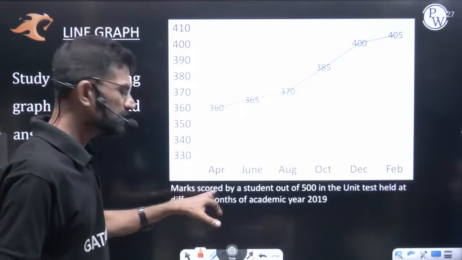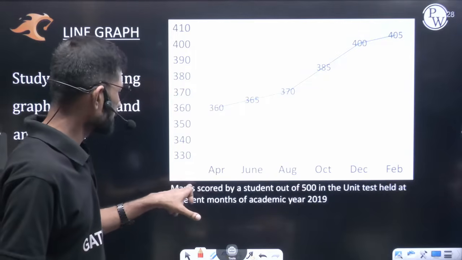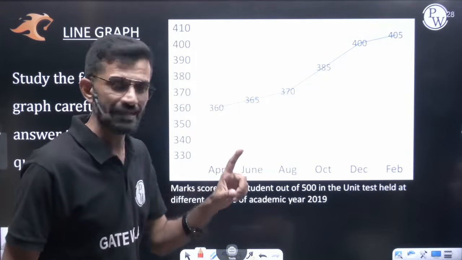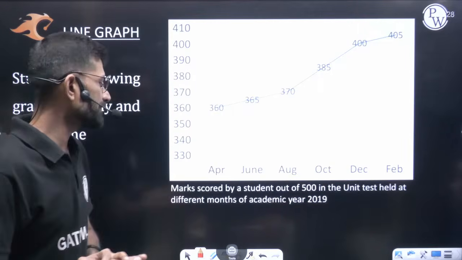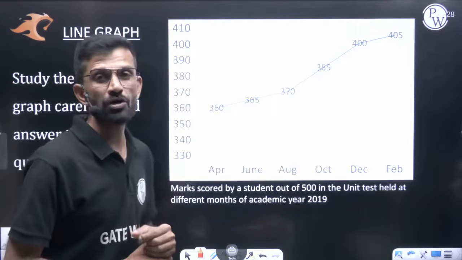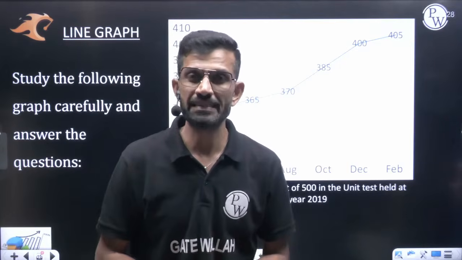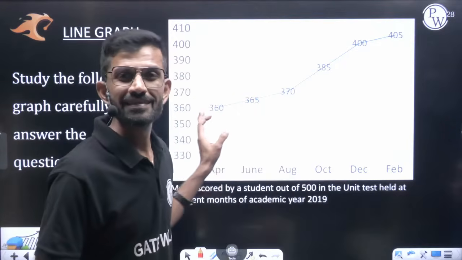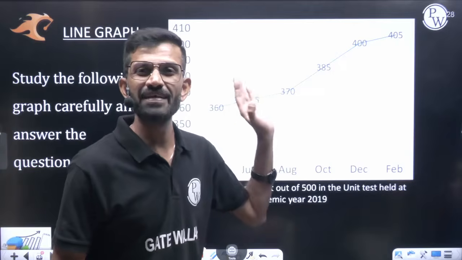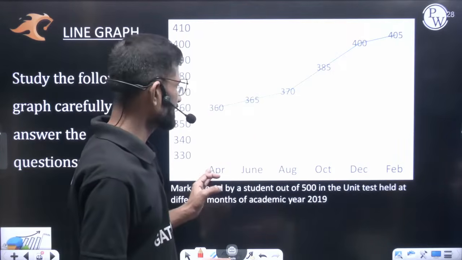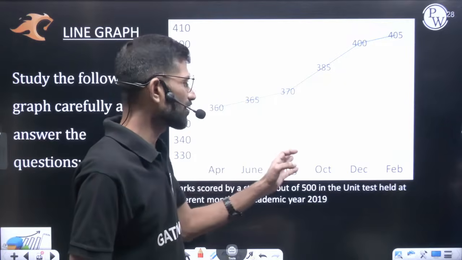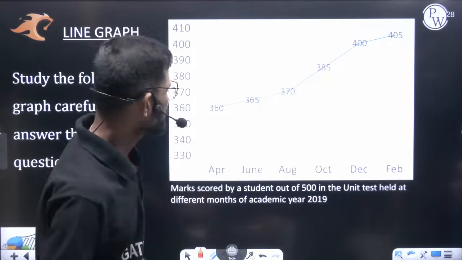Later on, if you see the below, they have clearly mentioned marks scored by a student out of 500 in unit test held at different months of the academic year 2019. In 2019, one of the students got these marks in every month whenever a unit test was conducted. So the unit test is, you can see, conducted in April, then June, then August, like that they have conducted. Okay, so let us check it out.